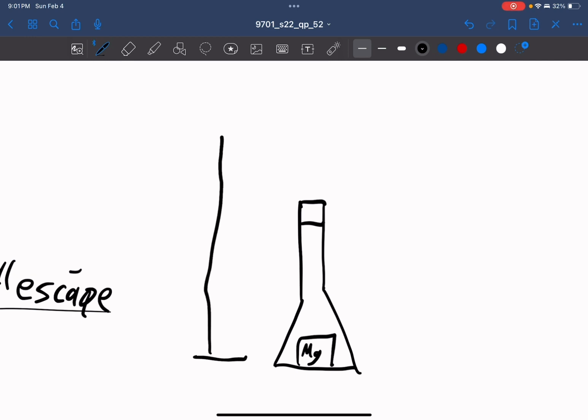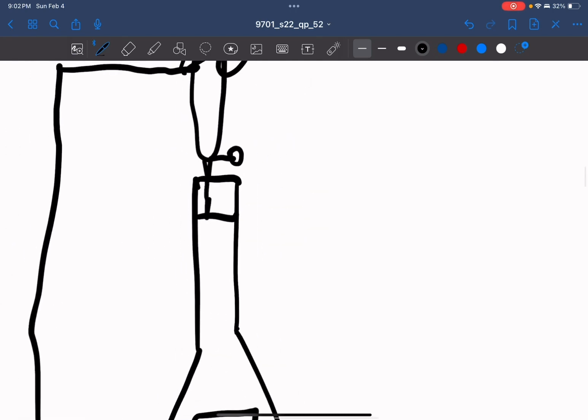So if you have a retort stand and then you clamp a burette down here. This is not the best drawing, but you get the idea.